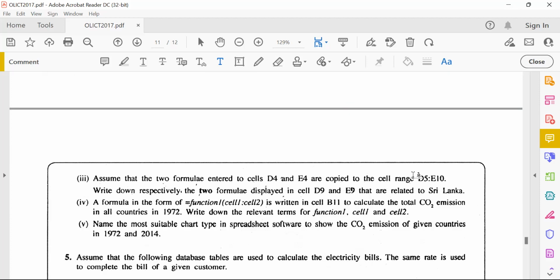We can simply say C9 minus B9, the answer for the first one. And equals, we can say D9 divided by B9 into 100. Yes, so that's the third one.